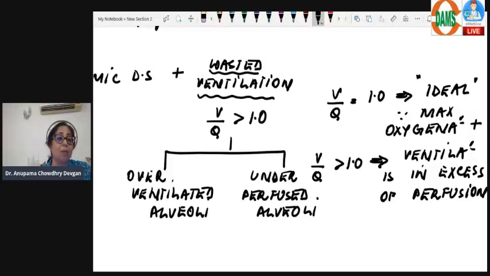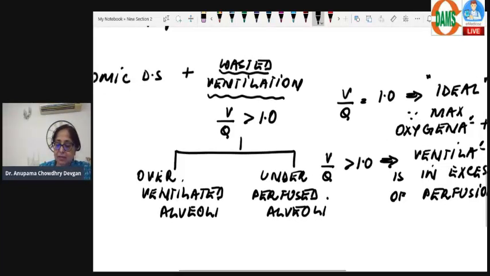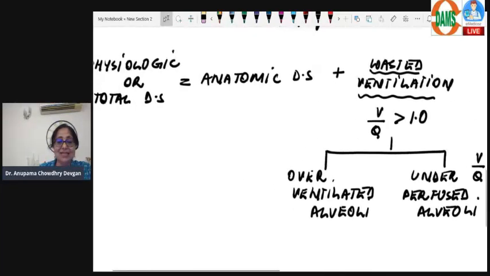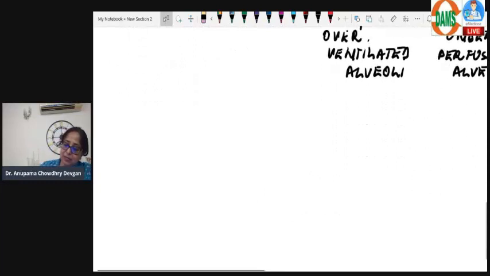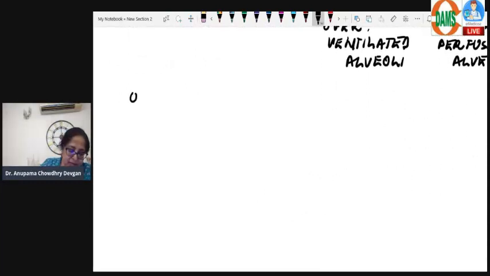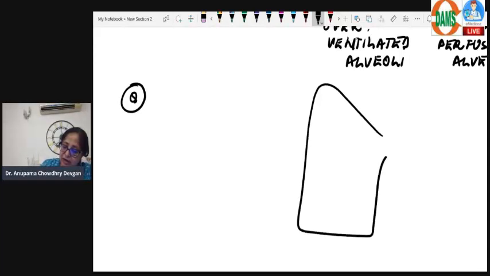If perfusion is compromised, then there is a wasted ventilation. For instance, please remember, there was a question which was asked: there is an area of the lung which has a VQ ratio of 10. Something has happened.